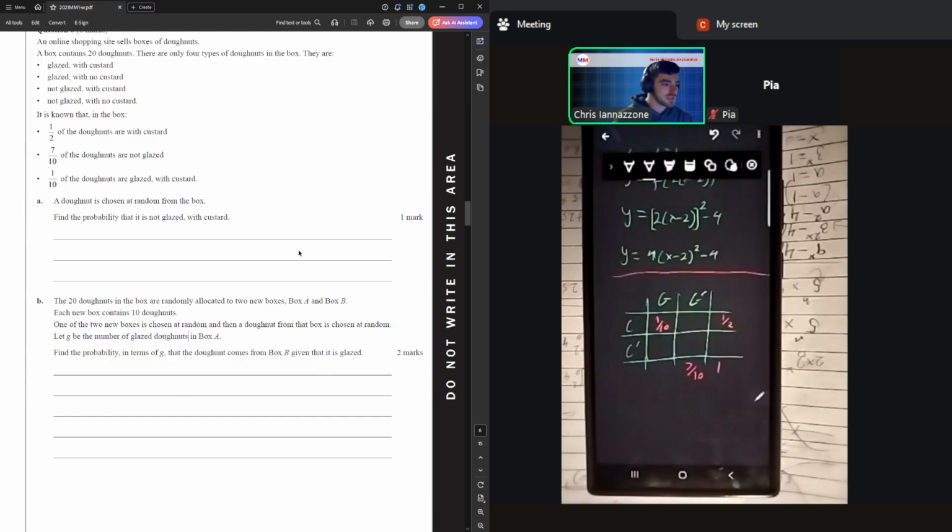Here's the challenging bit. G is going to be the number of glazed in box A. And so we're now finding probability in terms of G for a particular thing. If that wasn't bad enough, they also make it a conditional probability. Box B given glazed. So there's a lot of moving parts going on there.